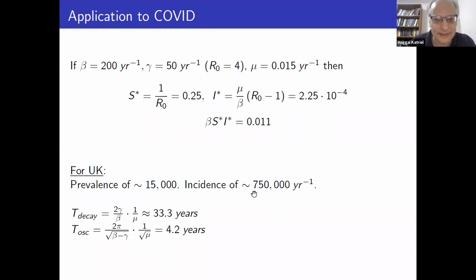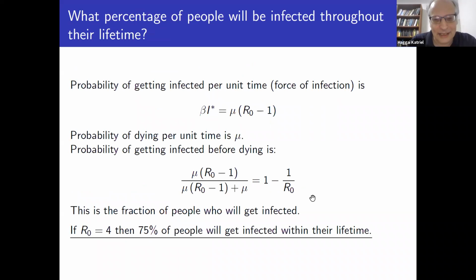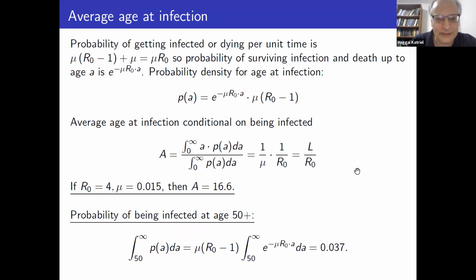So it means that 750,000 per year will be infected, which is not a big deal. And it's especially not a big deal if you think about the fact you can also calculate that 75% of people will be infected within their lifetime, and you can also compute the average age of infection, which will be 16, and that only 3% of the people will be infected after age 50.